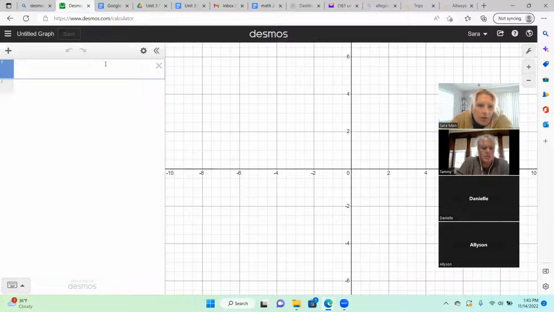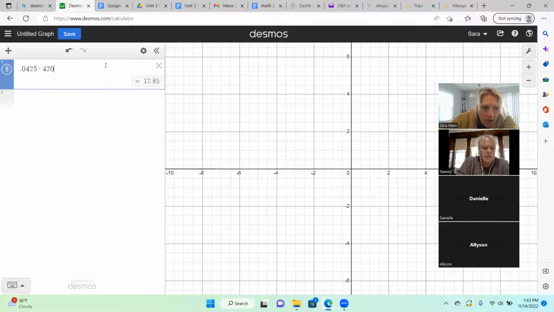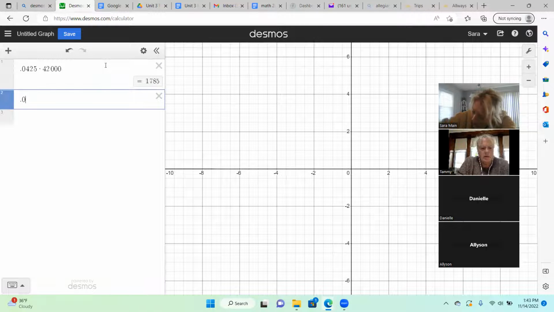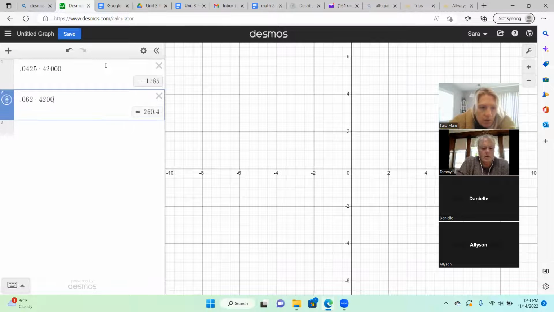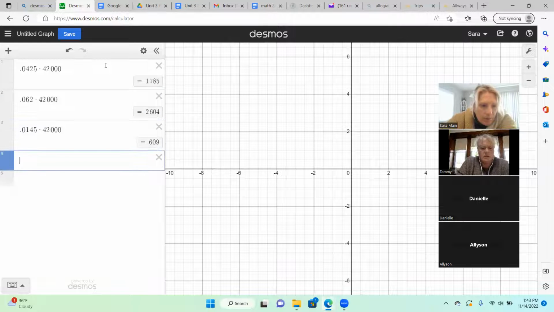Okay, so we've got 0.0425 times 42,000. And then 0.062 times 42,000. And then 0.0145 times 42,000. So 1,785, the state of Michigan, 2,604 for unemployment, and then 609 for FICA.